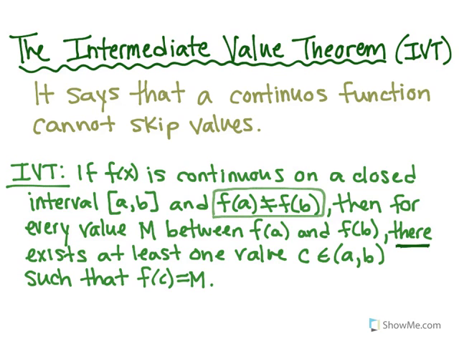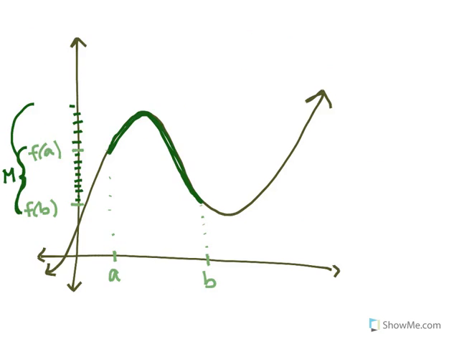So let's go back, and then it says that there exists at least one value c within that interval, such that f of c is equal to m. So what that means is, let's say I pick a specific m. Let's say I make it 10, and I'm going to put that 10 right here. If this is an eligible y value, then at some c, we're going to call it here, f of c should be equal to that m.